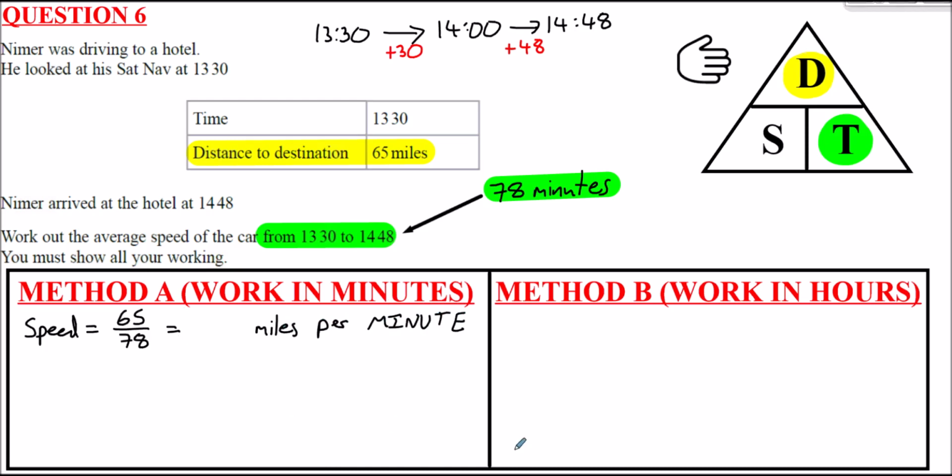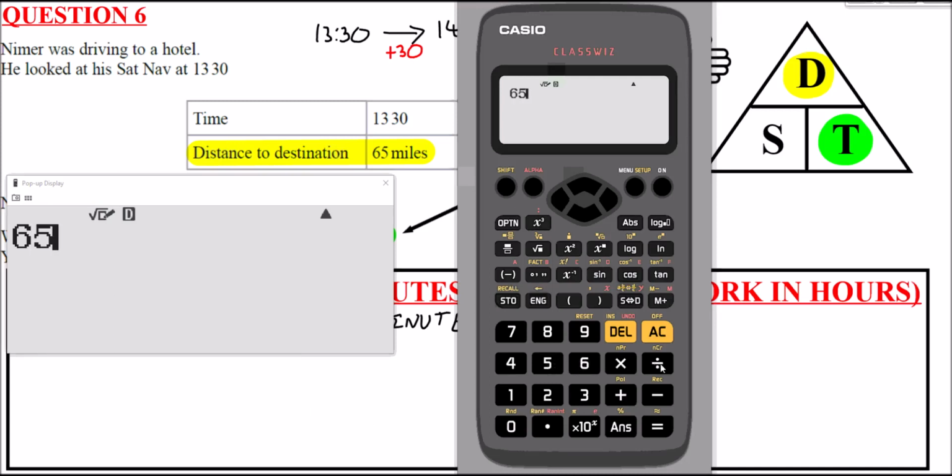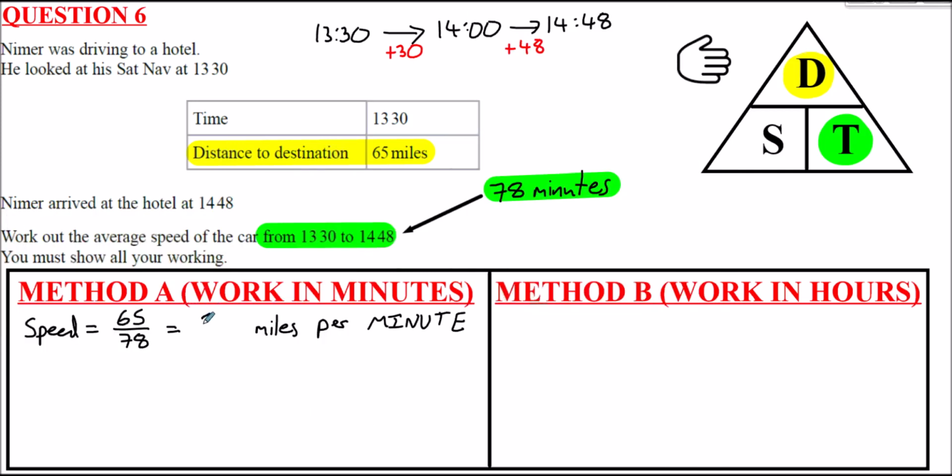So if we work out what this is, 65 divided by 78, we get 5/6. So I'll just leave it as a fraction. 5/6 of a mile per minute. But of course, if it's miles per hour, an hour is 60 times as long as 1 minute. And so if you've got 60 times the amount of time, you can cover 60 times the distance.